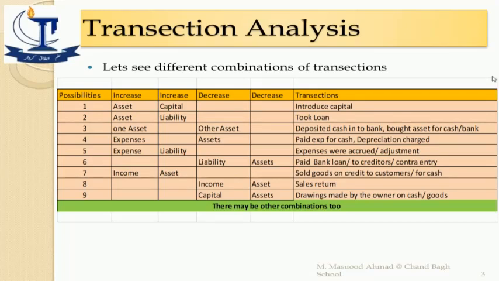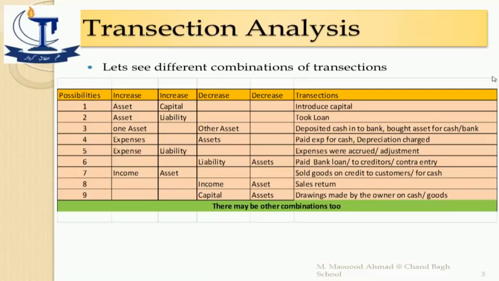So if we look at case 4, what is it? When you paid some expenses in cash, your expenses increase, meaning it wasn't in your books, now it is appearing in your books, and the value of expense increases, and your asset cash decreases.